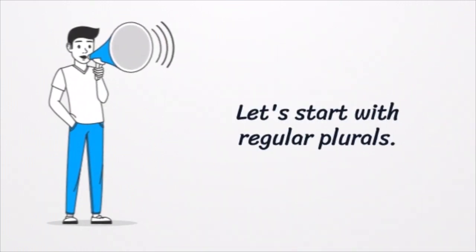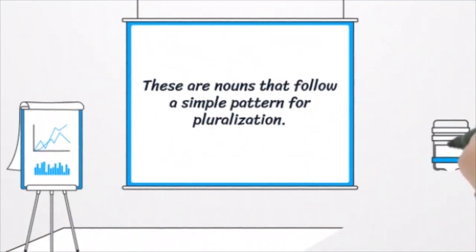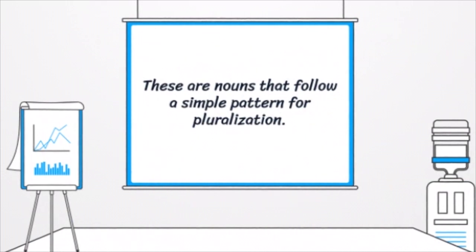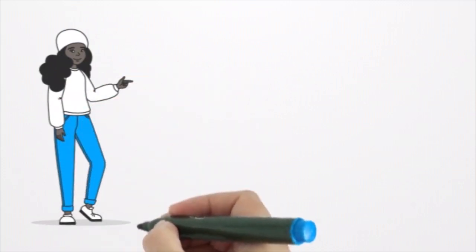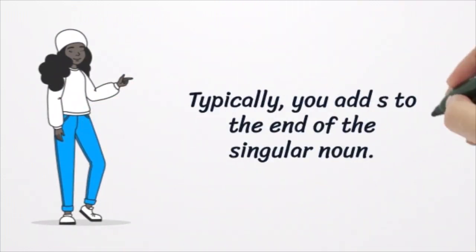Let's start with regular plurals. These are nouns that follow a simple pattern for pluralization. Typically, you add s to the end of the singular noun.